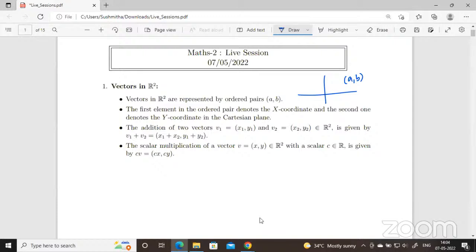So for us, the vector is just that point in R2. It's a 2-dimensional vector if it has 2 components, and a 3-dimensional vector if it has 3 components. A 2-dimensional vector is an element of R2, and a 3-dimensional vector is a point in R3, etc.